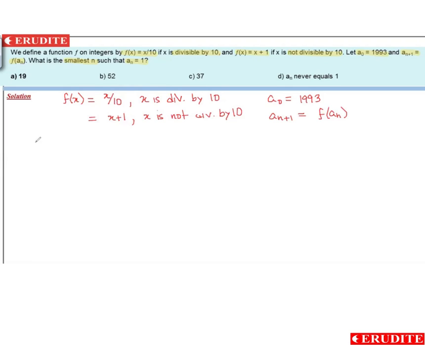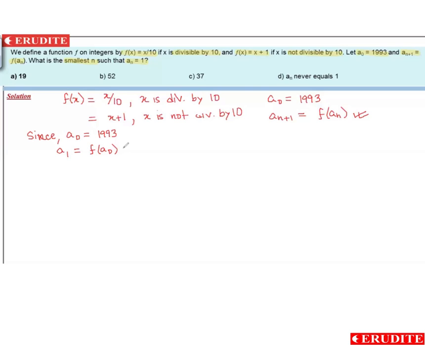Okay, so now since a0 is equal to 1993, a1 would be f of a0 as per the relationship given.